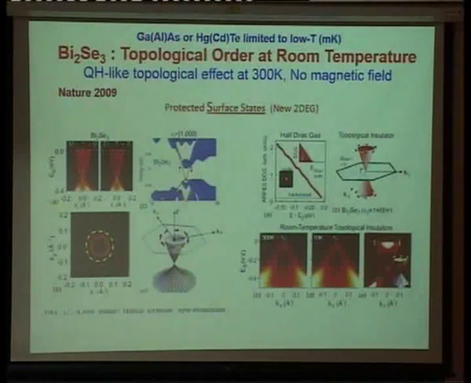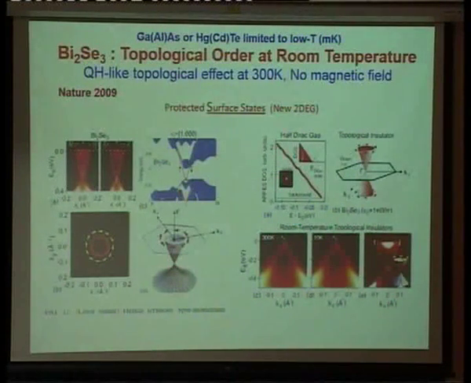Of course, the spectra get somewhat broadened out, but the polarization, the Berry phase, would survive. So this is the demonstration that this topological order survives up to room temperature.